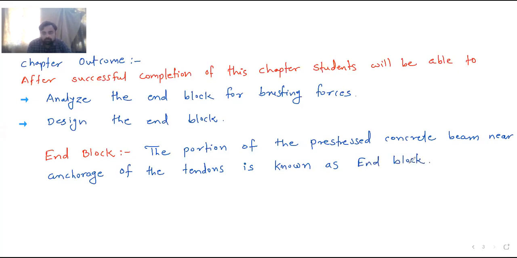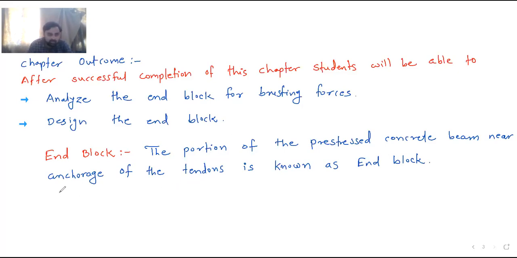It is the portion of the beam only. It is not a separate portion. It is the portion of the beam which is nearer to the anchorage of the tendon, and the length of which is equal to the depth of the beam.